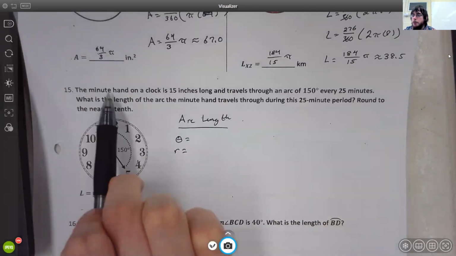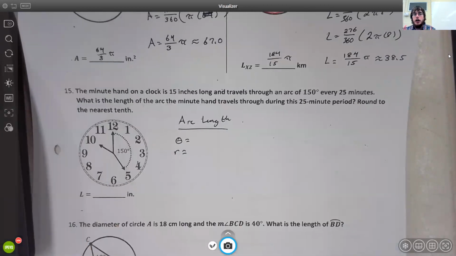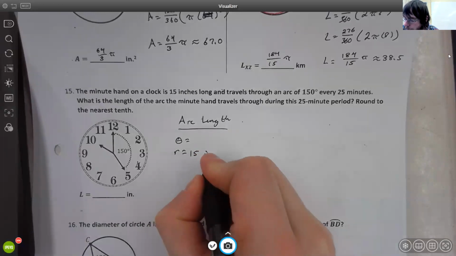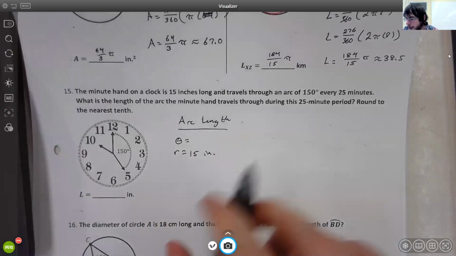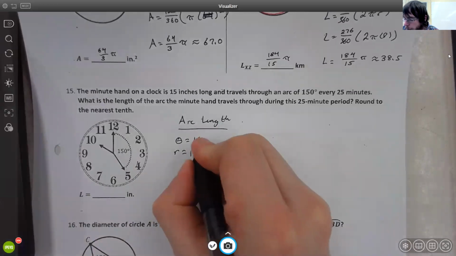Well, it tells us that the minute hand on a clock is 15 inches long. And on a clock, the minute hand starts at the center. So that means our radius would be 15 inches. Then it says it travels through an arc of 150 degrees, which is what our theta is.